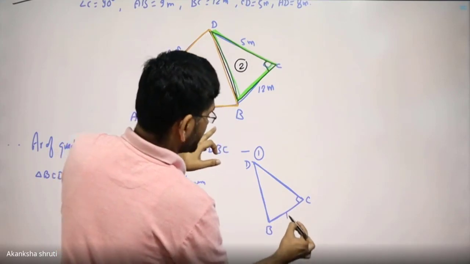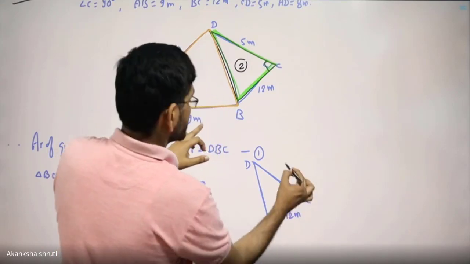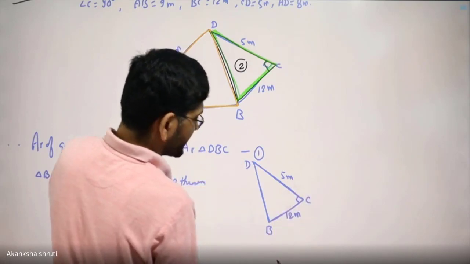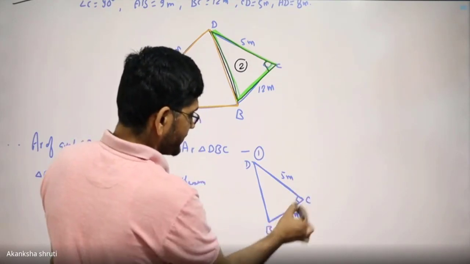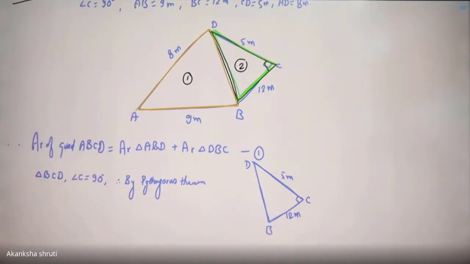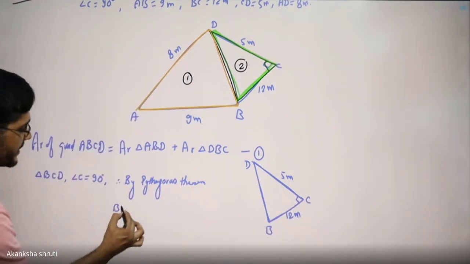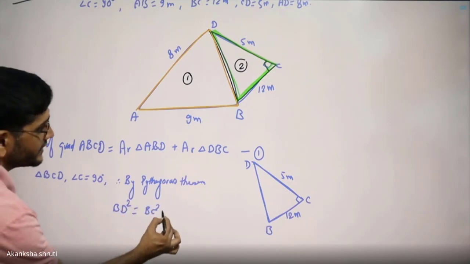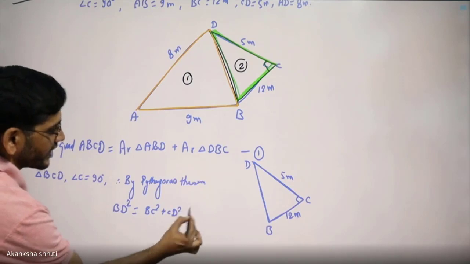Here this is our 12 meter. This is 5 meter. Can we calculate BD? Surely we can calculate because it is a right angle triangle. So using Pythagoras theorem, we can write BD square is equal to BC square plus CD square.